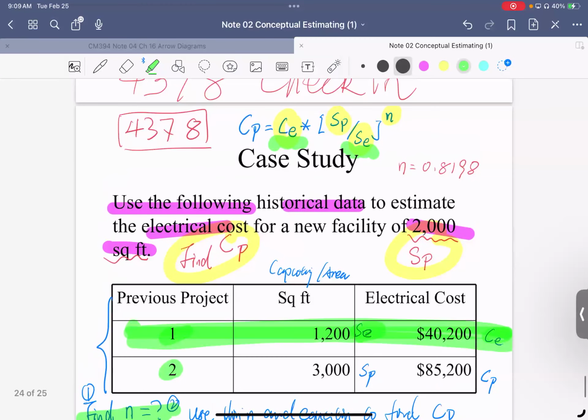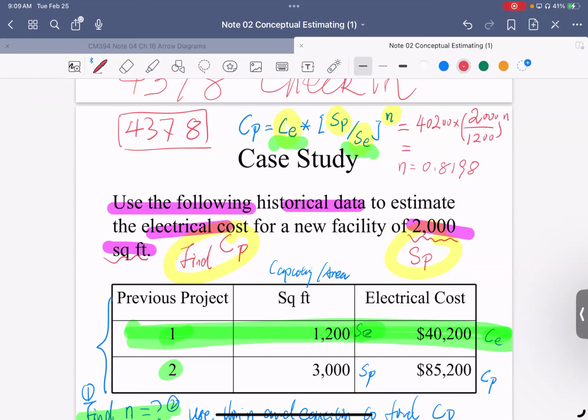And then you can easily get your project cost is equal to 40,200 times the size. Your proposed size is 2,000 divided by this 1,200, and the n here, you put the n here.